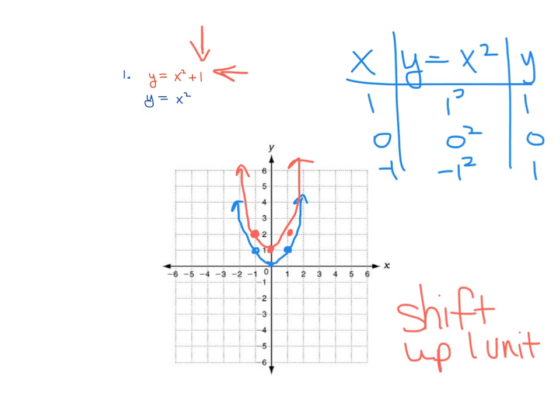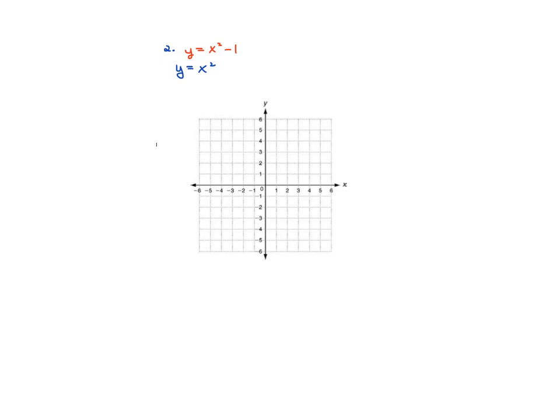When it's a subtraction, we're going to shift it down. So I'm going to, again, graph the parent. When it has x squared minus 1, this subtracting 1 here tells me that it is a shift 1 unit down.